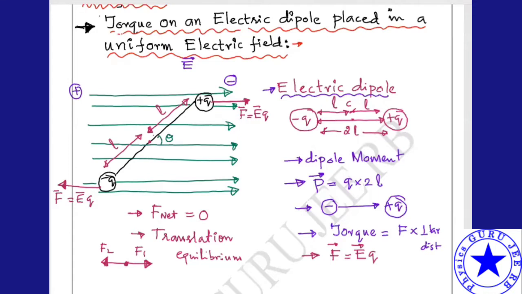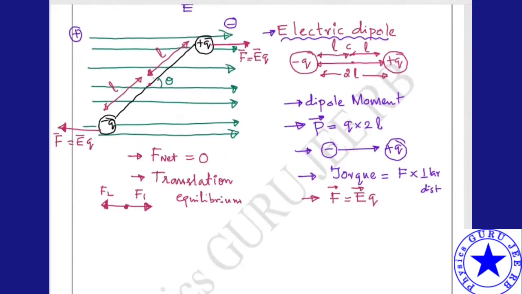The very important point to be noted here is that two equal and opposite forces, F1 and F2, which do not have the same line of action, are not in the same line of action.